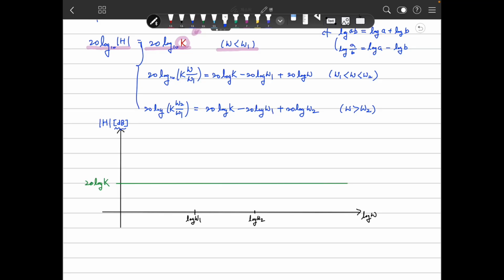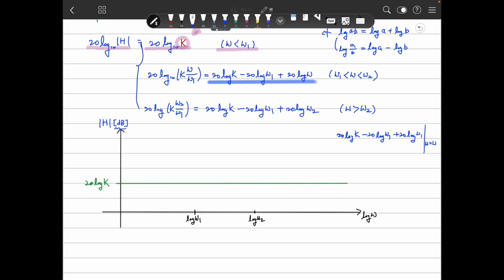Then the second region is between omega 1 and omega 2. When omega is omega 1, we insert omega 1 into the line: 20 log K minus 20 log omega 1 plus 20 log omega 1.